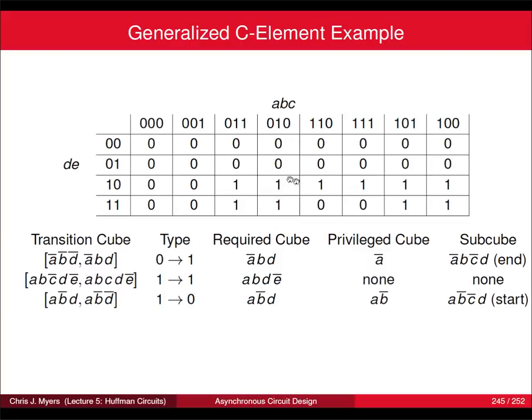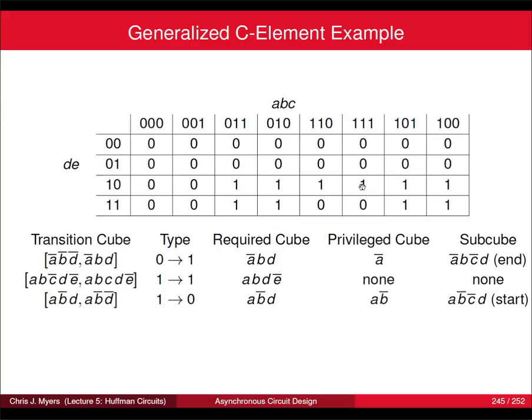It's these two minterms here, because we're assuming that C is a directed don't care falling. This is the same example that I showed last time. And E is a level signal that's changing. Then I also have a 1 to 1 transition, which I think is this one, here to here, 1, 1, 0, 0, 1, 0 to there.